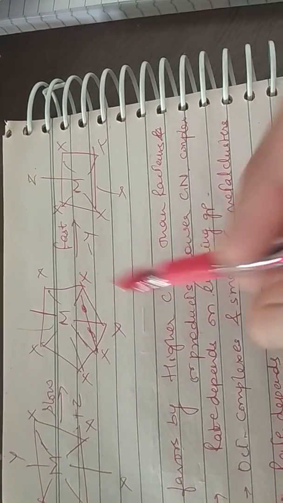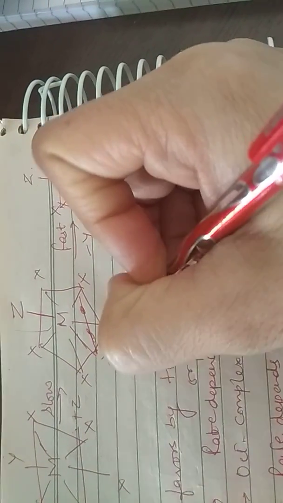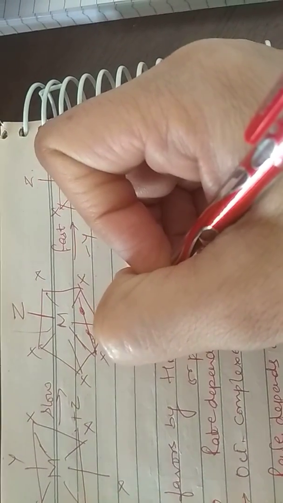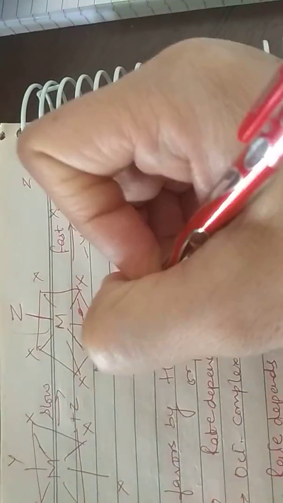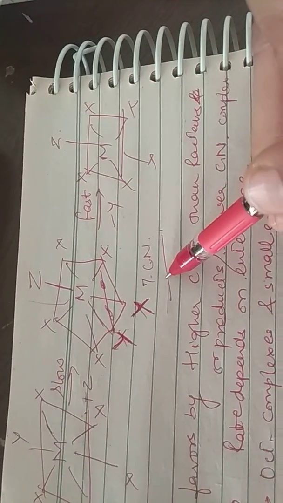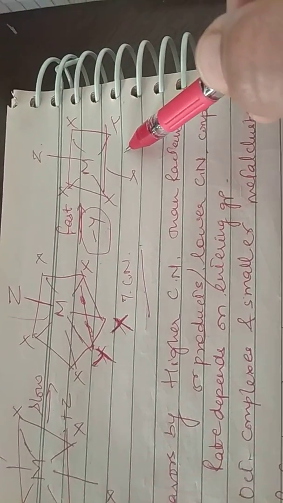Here we have M, X, Z, and here it is Y. So this is a 7 coordination complex which is formed as a transition state, and then in a very fast last step, the Y comes out, and again we get a coordination complex of 6. So this is a simple mechanism for SN2.